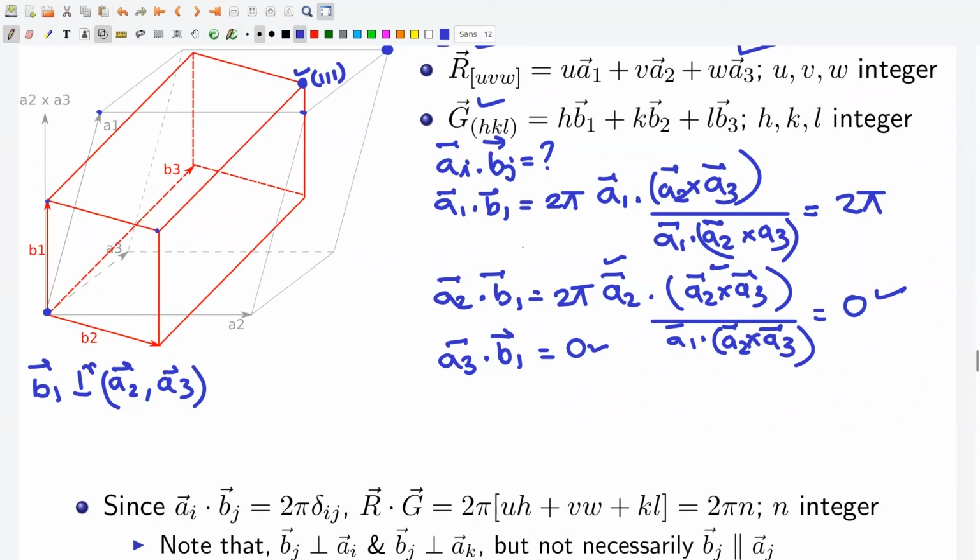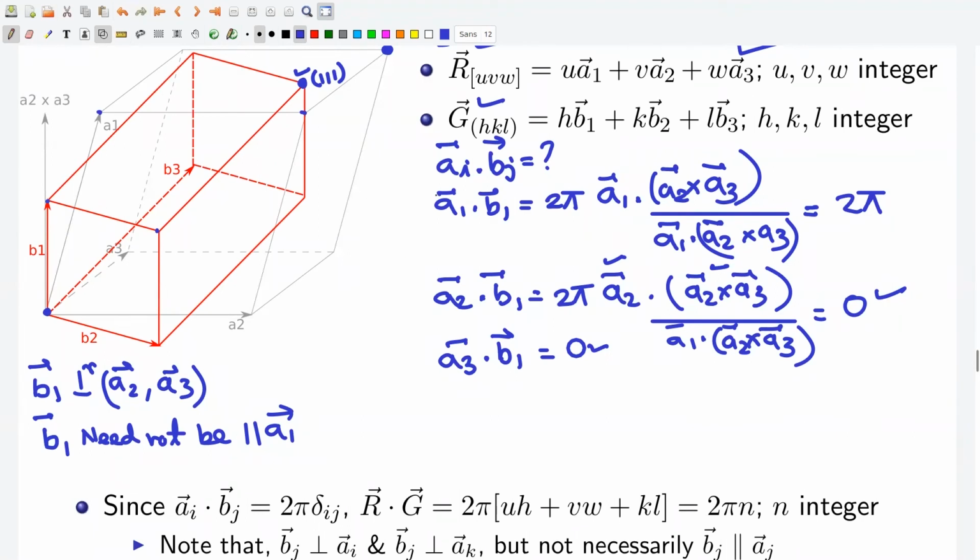But it is not necessarily true that B1 need not be parallel to A1. They can be in some special cases, but if we take a general case, they need not be parallel.